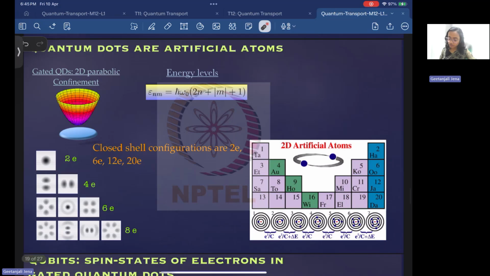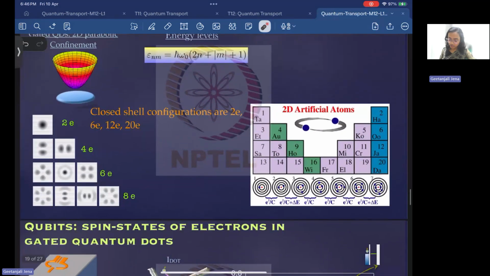In this few electron regime, the electrons in the gated quantum dot follow a closed shell configuration, so electrons can be filled in this manner: 2e, 6e, 12e, and 20e.